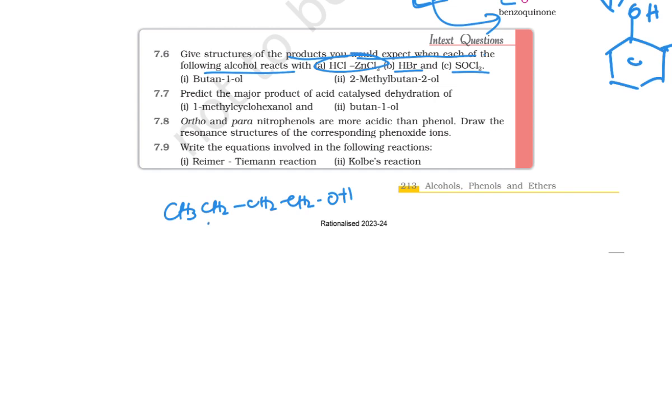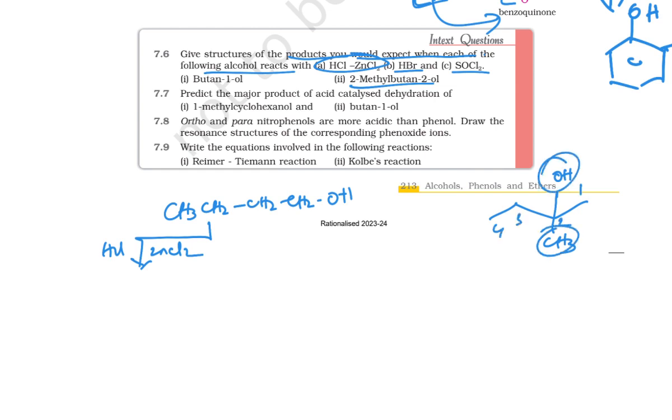When it reacts with HCl and zinc chloride, then one more reactant is 2-methyl butan-2-ol. So 1 2 3 4, 2-methyl butan-2-ol. It reacts with HCl and ZnCl2. What is going to form is 1-chlorobutane.